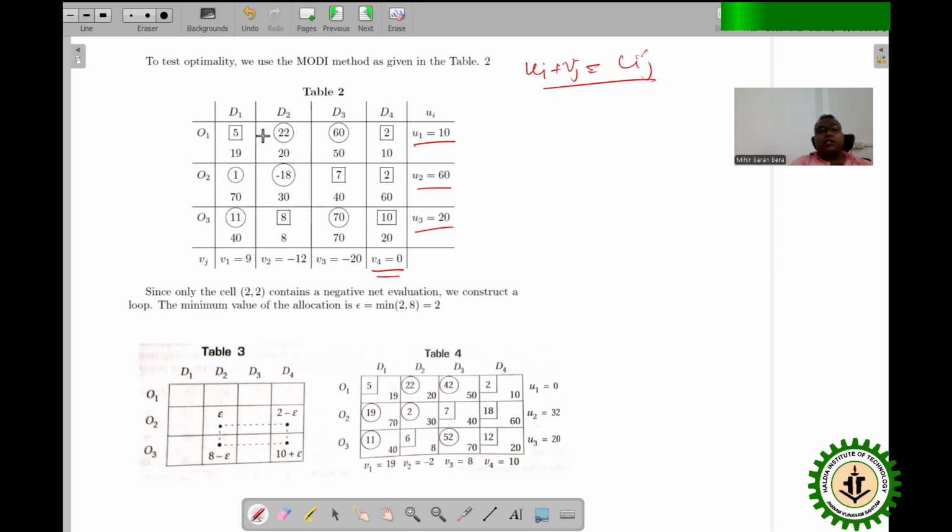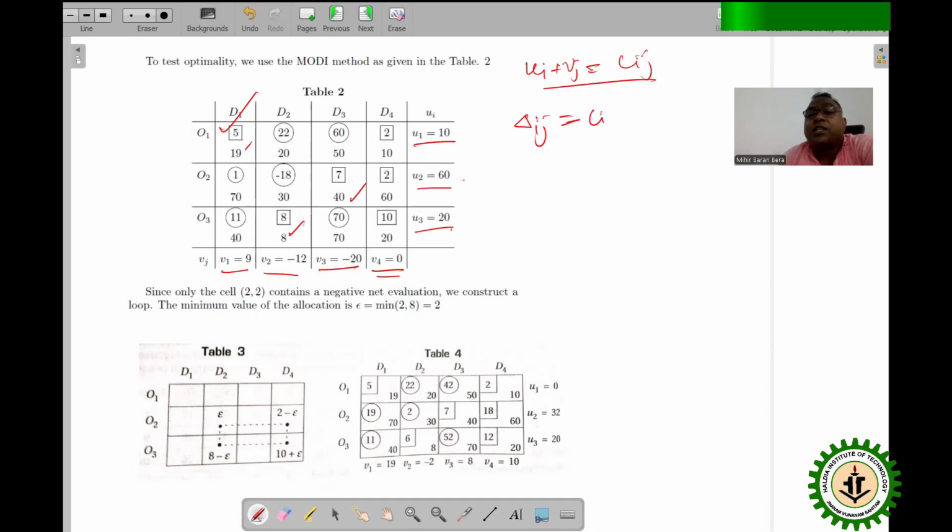Now using this cell, you get v1 equal to 9, because 10 plus 9 will be 19. Using this and this cell, you get v3 equal to minus 20. Using this and this cell, you get v2 equal to minus 12.